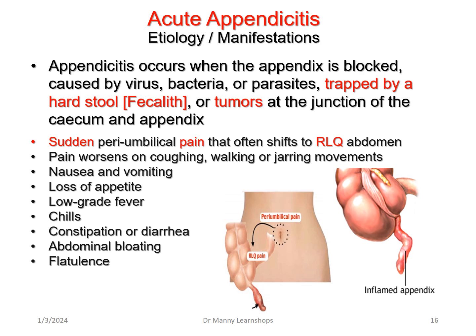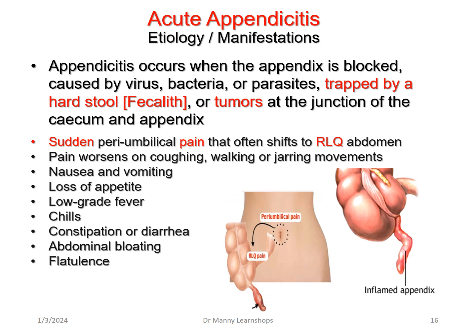What are some of the causes and clinical manifestations of acute appendicitis? Well, appendicitis occurs when the appendix becomes blocked, and this may be caused as a result of a virus, bacteria, or parasites, or commonly trapped by a hard stool called a fecalith, or tumours at the junction of the cecum and the appendix.